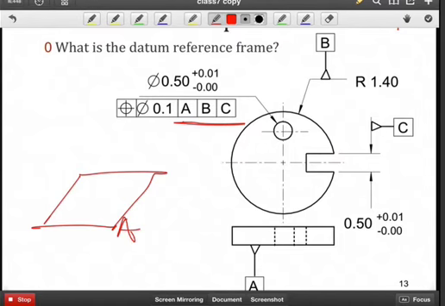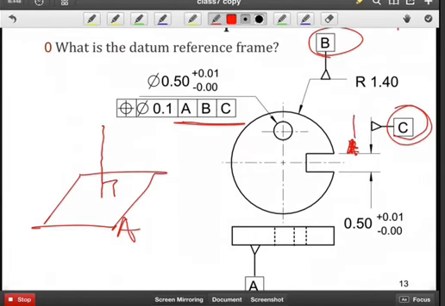The next one is B. B we see is that outside cylinder, and therefore we're dealing with an axis that's perpendicular to A. And then finally C. C again is that nuance case in which we're attached to the dimension line, as you can see here. Now that would be very different than if we attach C to the extension line.